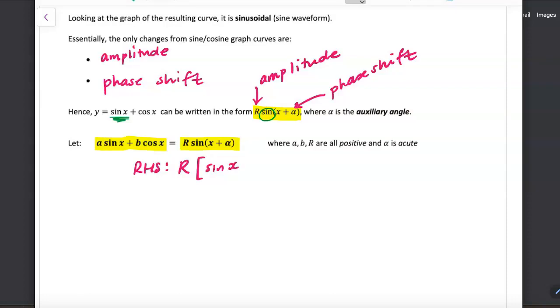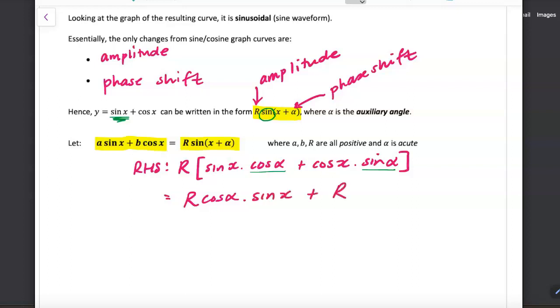This would be sine x times cos alpha plus cos x times the sine of alpha. And placing R into each of those, I can see that the cos alpha and sine alpha would just be constants. So I'm going to put them next to the R because that's also a constant or coefficient. So we end up with R cos alpha times sine x plus R sine alpha times cos x.